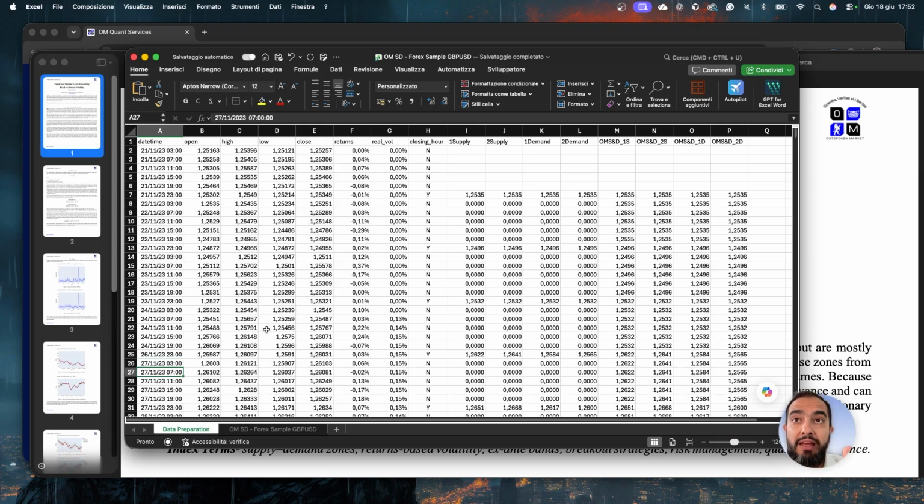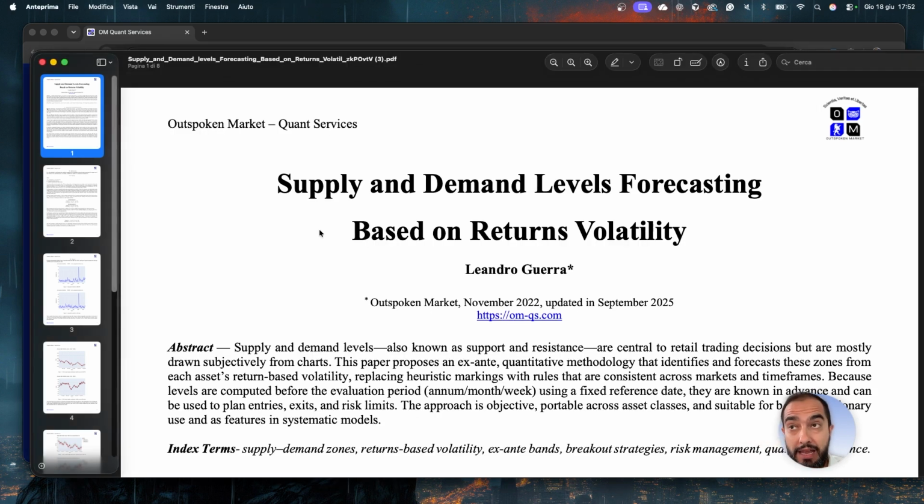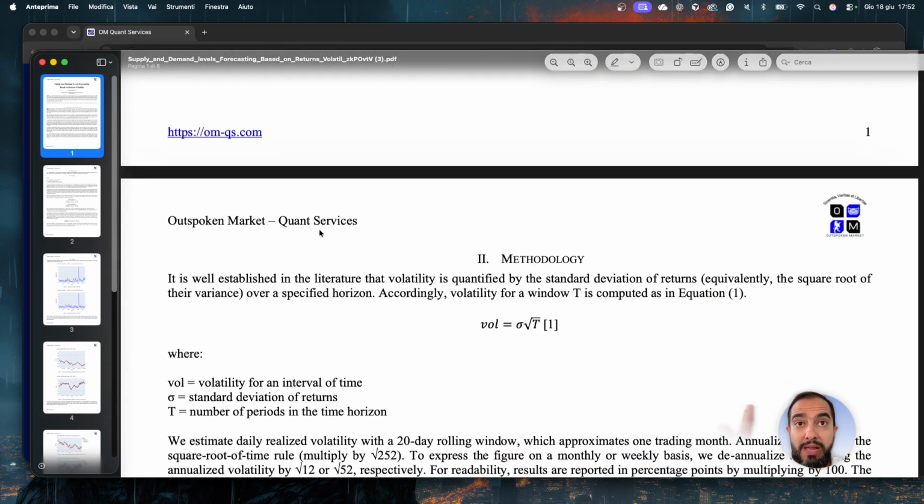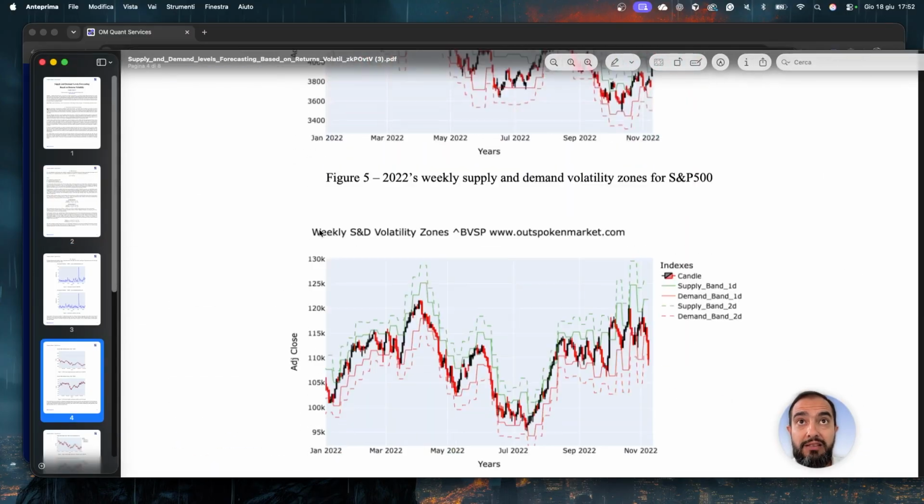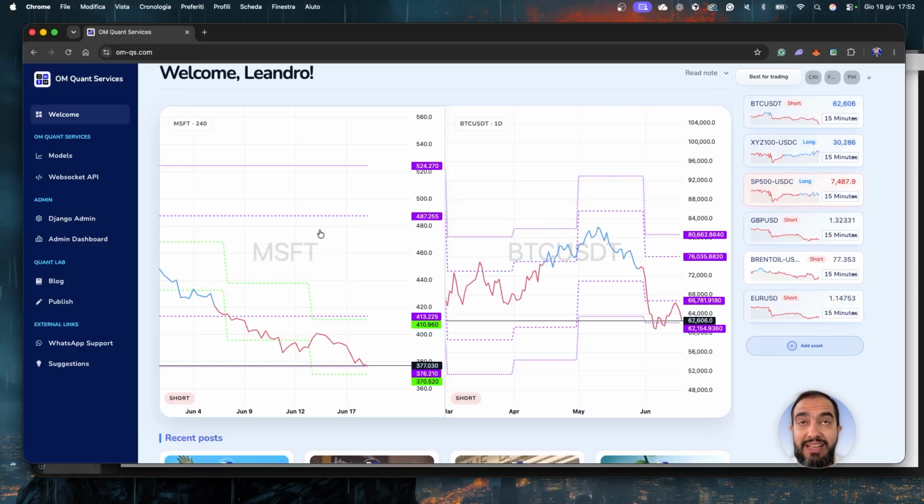So you would have the calculation based on the projection from the past days, of course, or hours, and then doing this upfront.